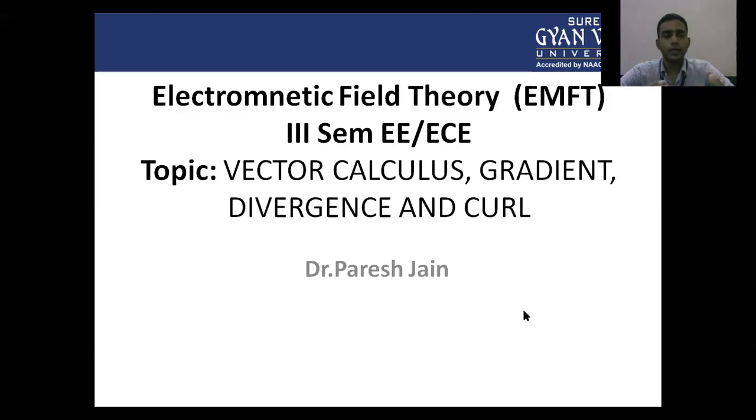In the last lectures, we have discussed the different coordinate systems through which we are able to understand the transformation from one coordinate system to the next. In the last lecture, we discussed the spherical coordinate system, and in the previous lectures, we discussed the rectangular coordinate system, which is known as the Cartesian coordinate system.